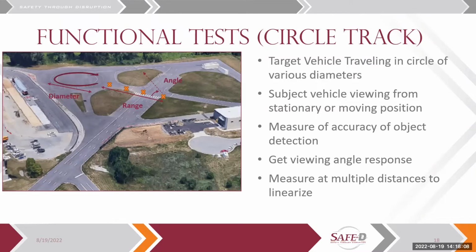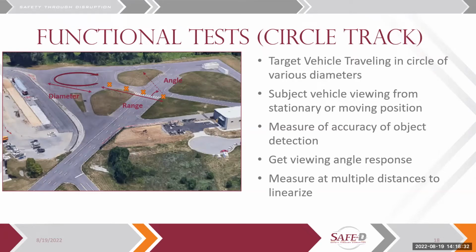We have this circle track test. The target vehicle is traveling along the traffic circle there at various diameters, directions and speeds. The subject vehicle is viewing it from some stationary or moving position.